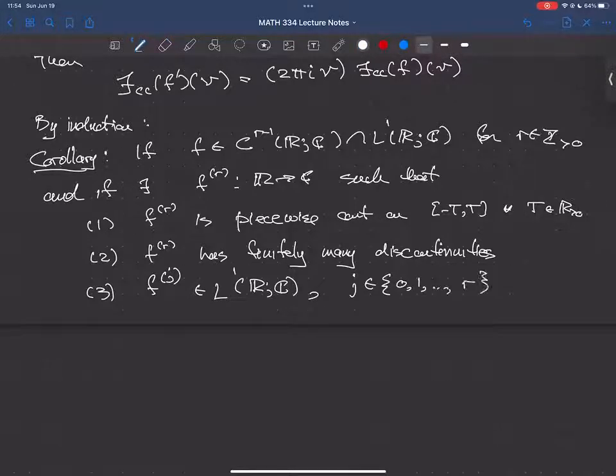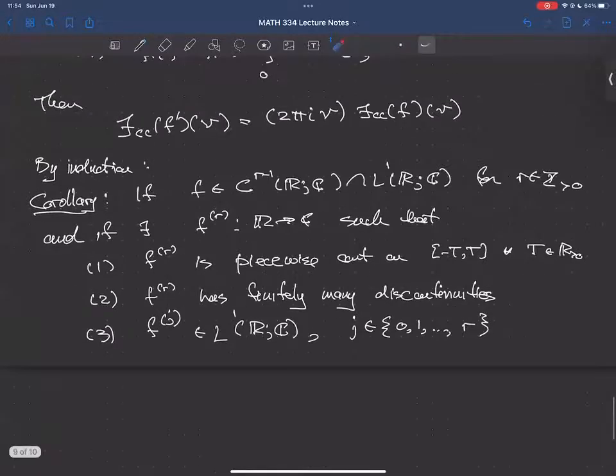So f_r is this thing that I'm hypothesizing, and f_0, f_1, all the way up to f_(r-1) makes sense because f is assumed to be r minus 1 times continuously differentiable. So these are just the derivatives for 0, 1 up to r minus 1, and then for j equals r, it's this thing that I'm assuming.